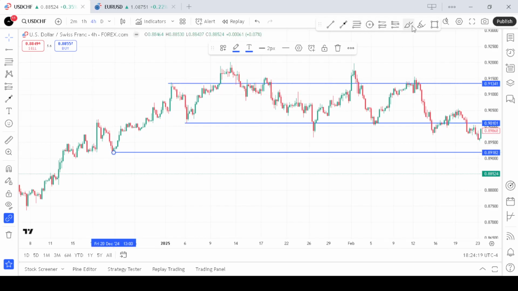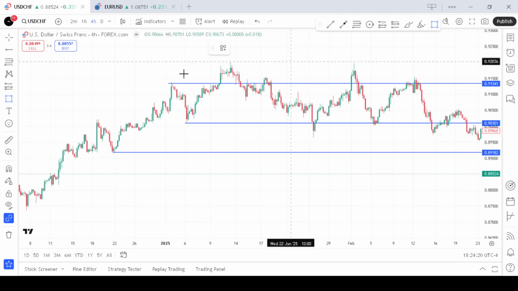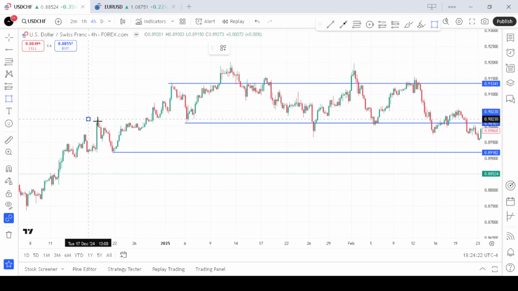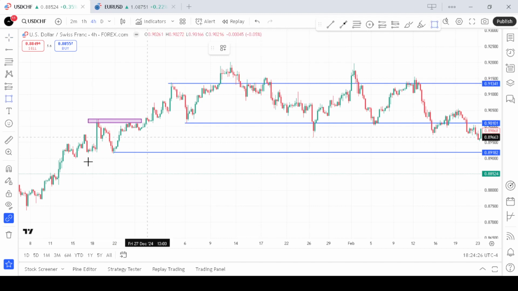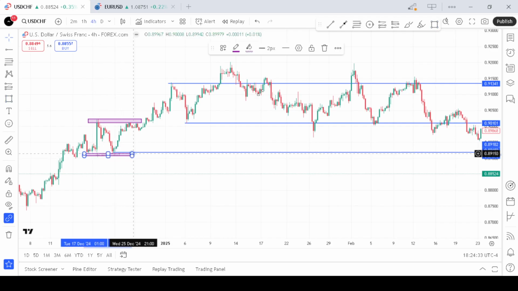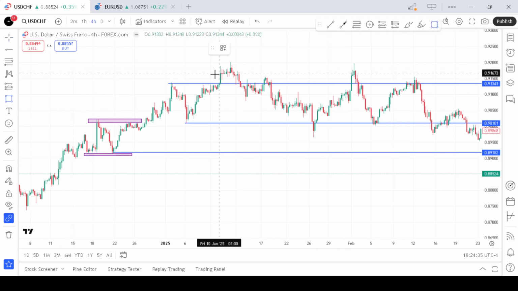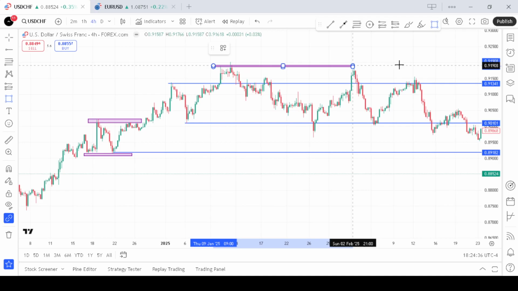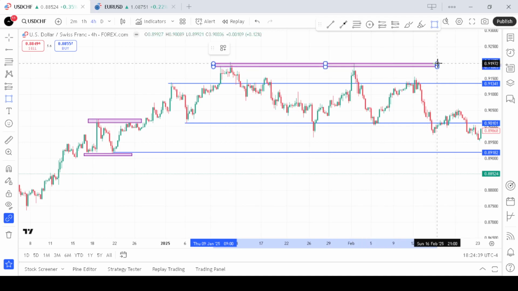They can help us spot areas where we expect price to act as a resistance point or a support area. As you can see, these are the tools that we can basically use to mark out our resistance area and our support area in the market.